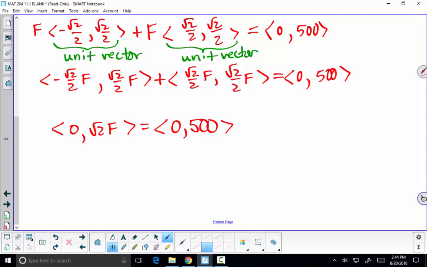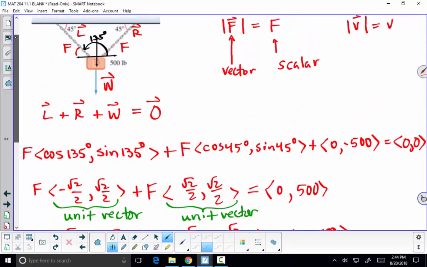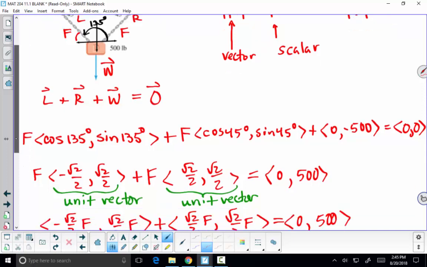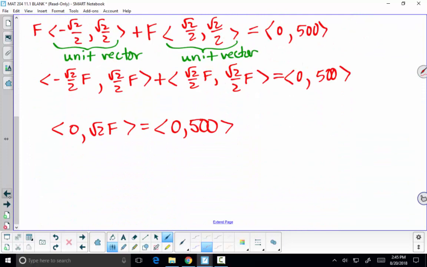And if you were doing this from the physics idea where you're just looking at x's and y's, because these angles have the same reference angle, the horizontal components must cancel each other out, and that's reflected right here by having a 0. So our last step is to set our components equal to each other.